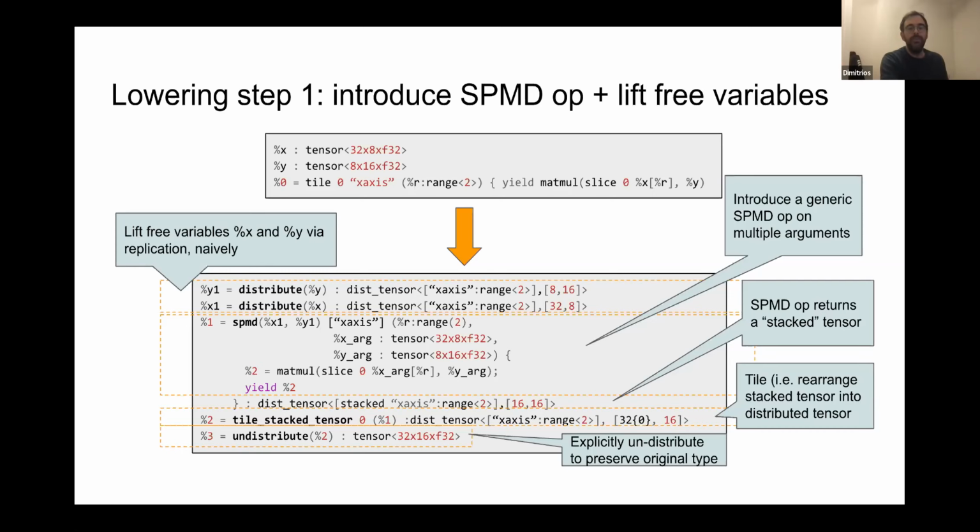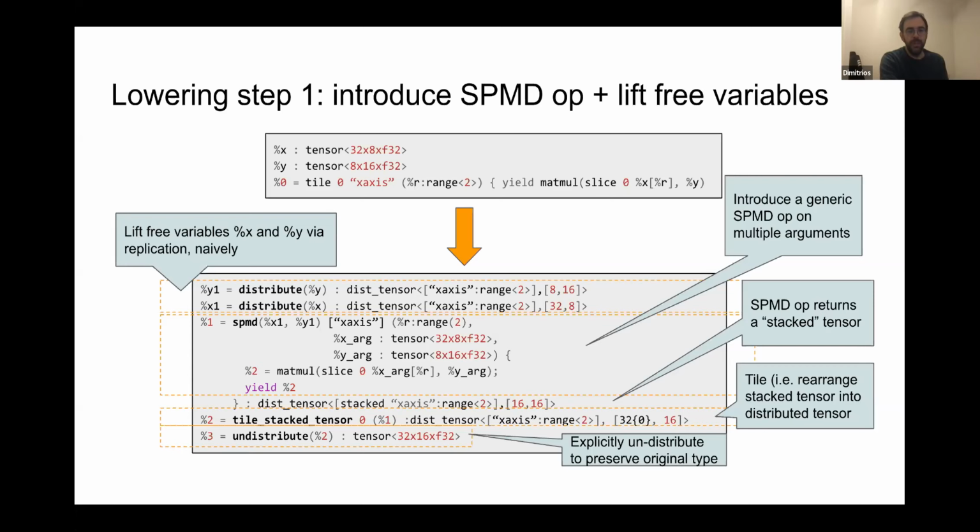We're going to look at whatever free variables are inside this tile loop, lift them out of the closure, and introduce explicit commands that distribute these tensors to what we call a distributed tensor type, which in this case is going to be fully replicated. So the type that you see there, distributed tensor with x-axis and 8 by 16, denotes a fully distributed tensor that should live on all of the devices.